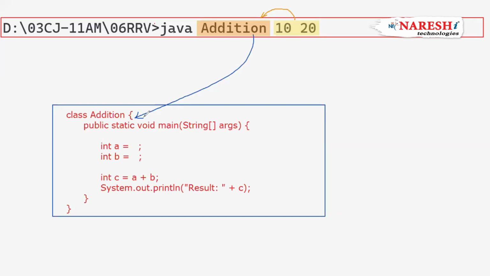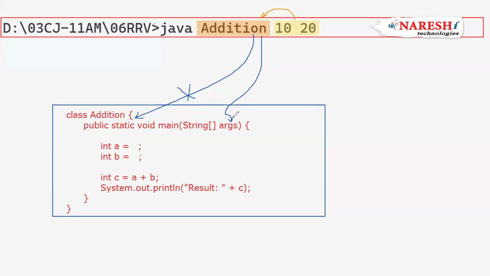Tell me, now command line arguments are passed to class Addition. Are they passing to the class, or to the class's main method? Who is the initial point of execution of any class? Main method. So tell me, the values which we mentioned at the console or command line are passed to which one?